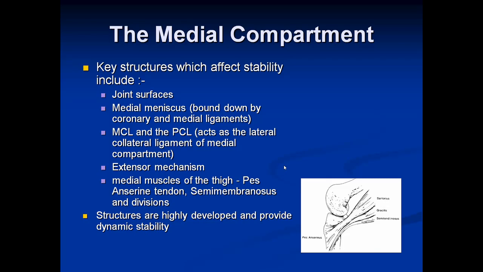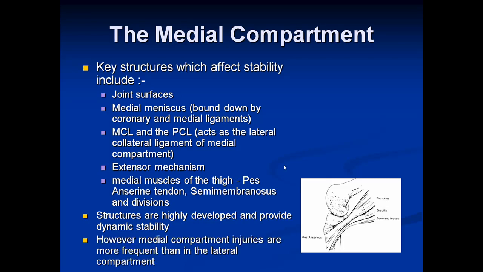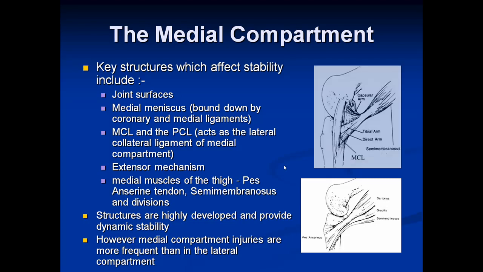The structures are highly developed and provide dynamic stability. The medial compartment does, however, come under considerable forces during either compressional injuries or tensional injuries, much more frequently than the lateral compartment.